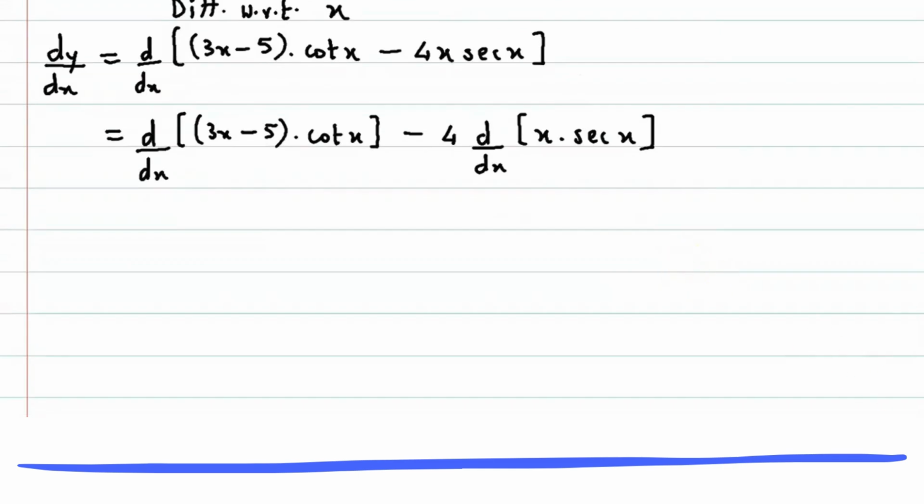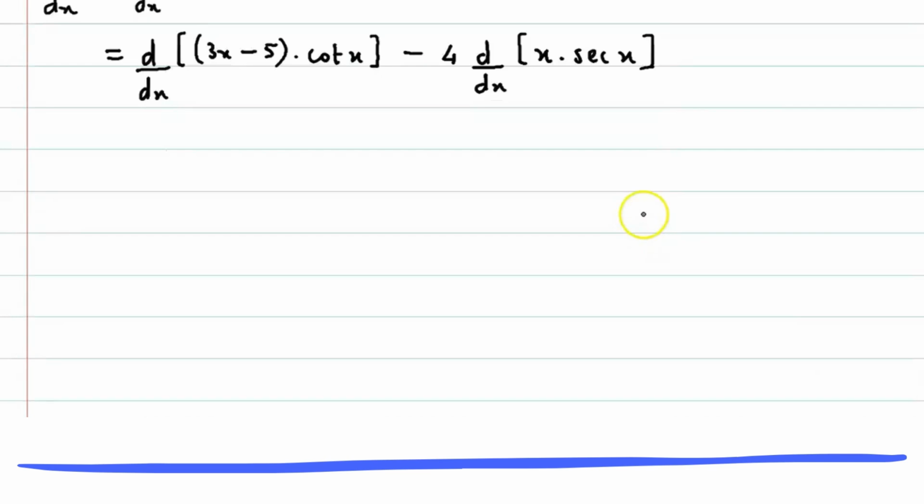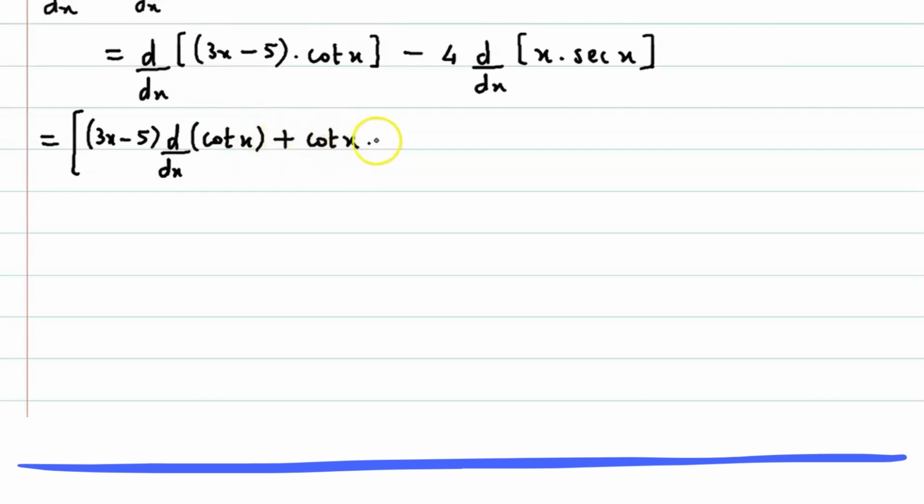And now we apply the product rule twice, that is in the first term and the second term. So let us apply the product rule on this term. So we get 3x minus 5 into derivative of cot x plus cot x into derivative of 3x minus 5, minus 4 times.